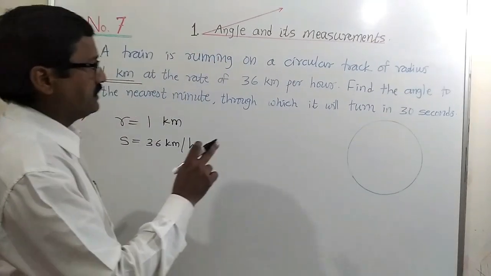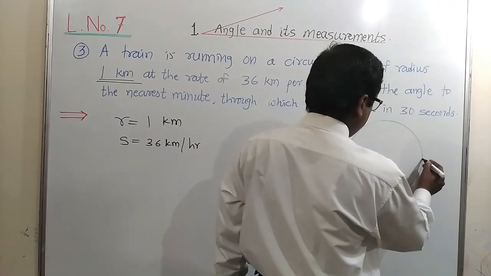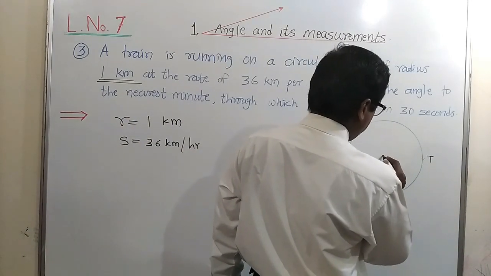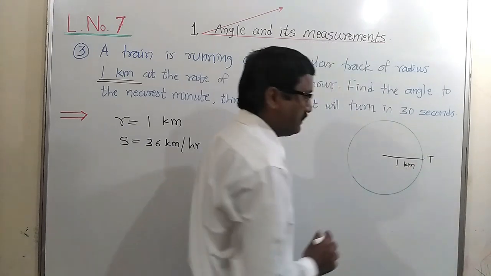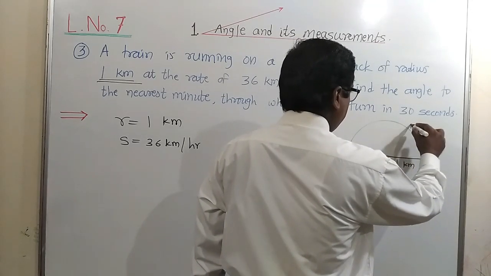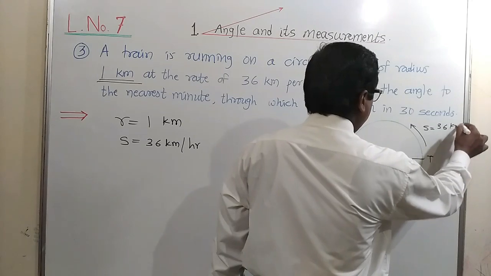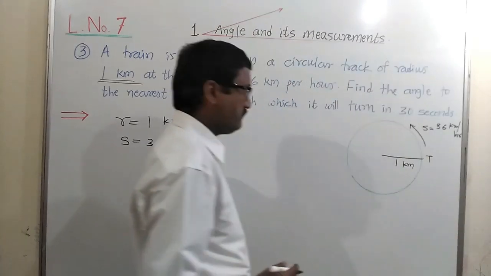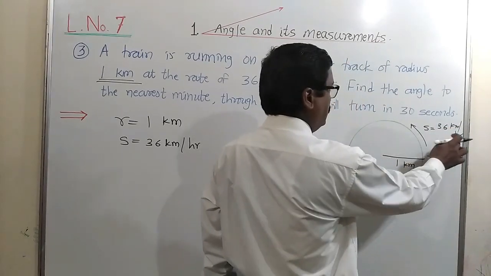That means you have to find the distance covered by the train in 30 seconds. Suppose the train is at this position. The radius of this circular track is 1 kilometer, and this train is running at the speed of 36 kilometers per hour. This 36 kilometers is the distance covered by the train in 1 hour.